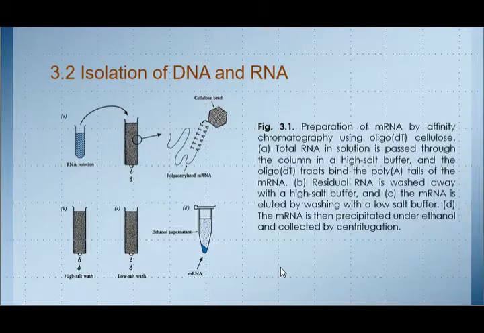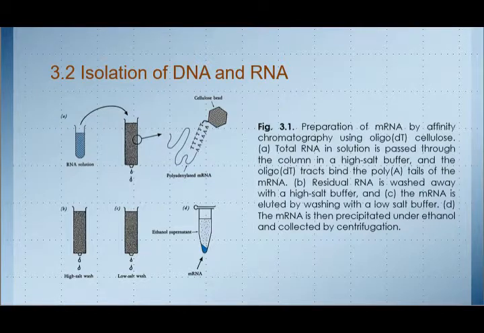As you can see here in figure 3.1, part A, the total RNA solution is passed through the column in a high salt buffer, and the oligo-dT tracks bind the poly-A tails of the mRNA.